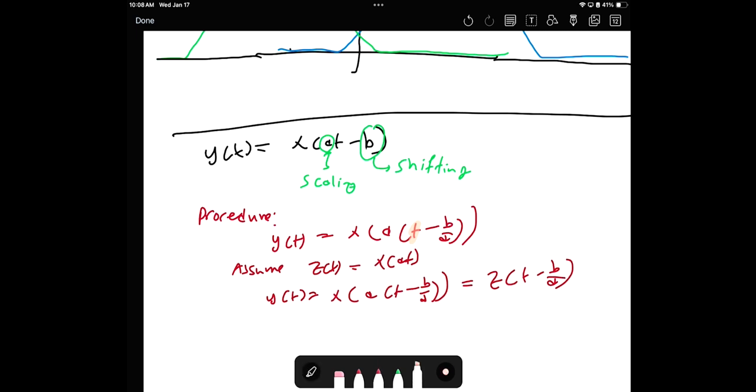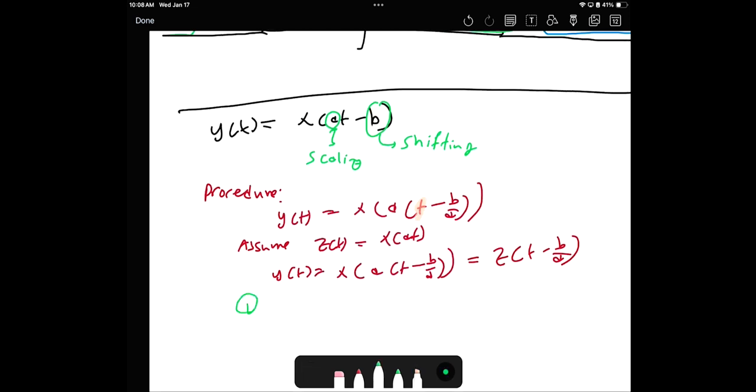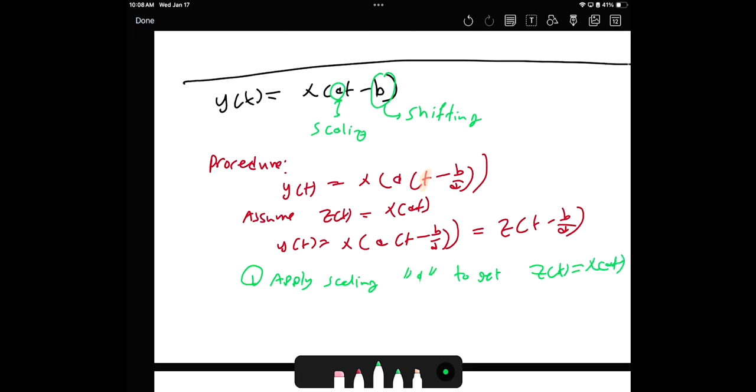So what we need to do first, we can do two procedures. Step number 1, we will apply scaling, which is we will apply a to get z of t, such that z of t equals x of a t. This is the first step.